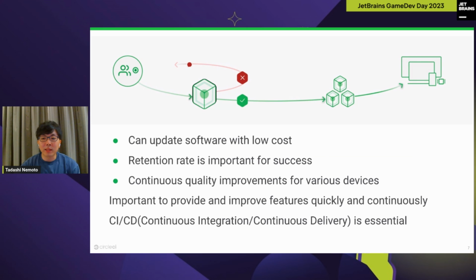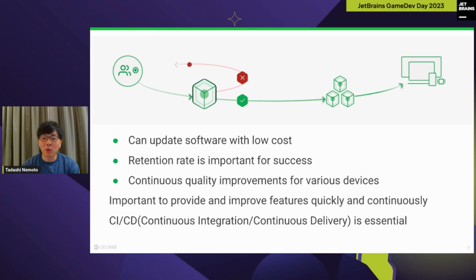Let me explain the characteristics of mobile gaming from development or product perspective. First, as mentioned, mobile games can update software with low cost. Second, in order to play games for long time continuously, retention rate is important for success.